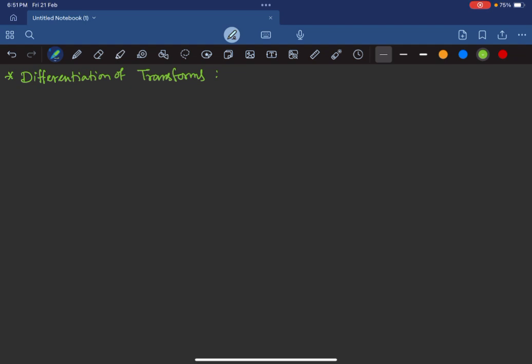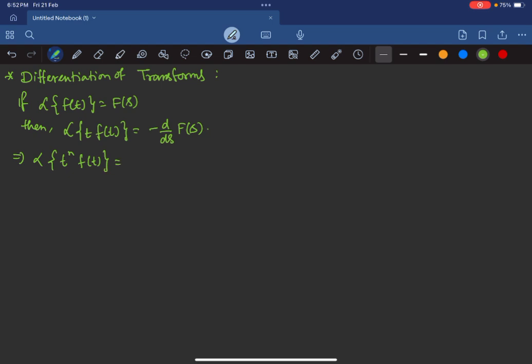In that case, this result states that if Laplace of f(t) is F(s), then Laplace of t f(t) is given by minus d/ds of F(s). If you extend this formula, the generalized version is t power n f(t), given by minus 1 power n times the nth derivative of F(s).